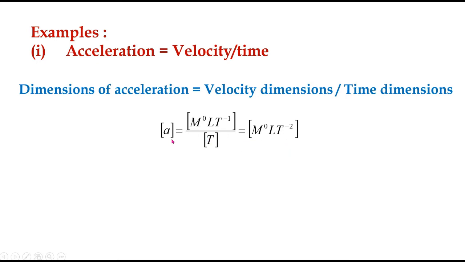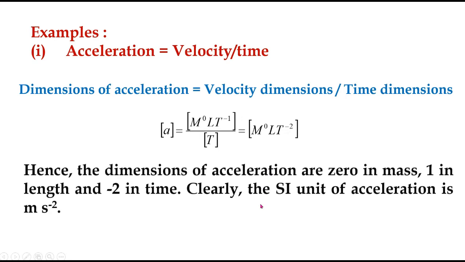This is the dimensional formula for acceleration. Hence, the dimensions of acceleration are 0 in mass, 1 in length, and minus 2 in time. Clearly, the SI unit of acceleration is meter per second square.